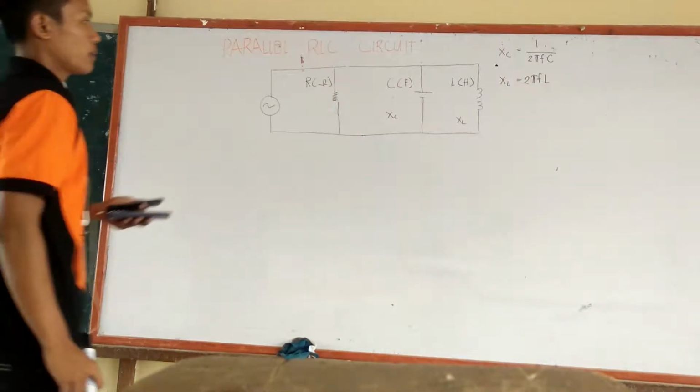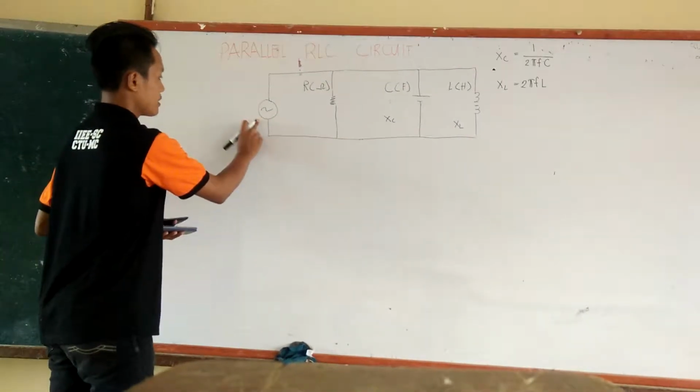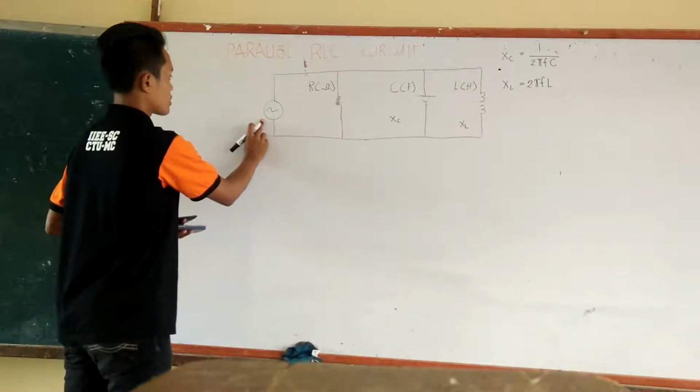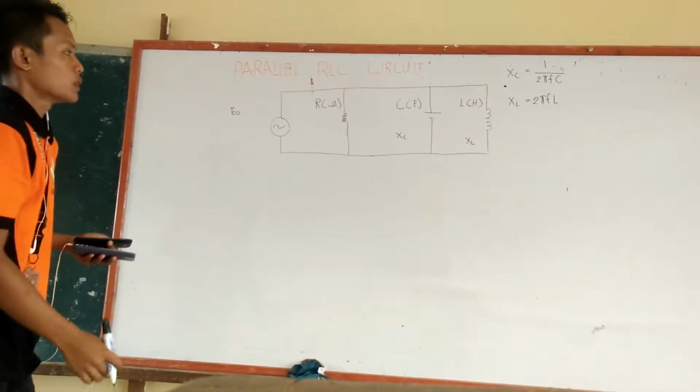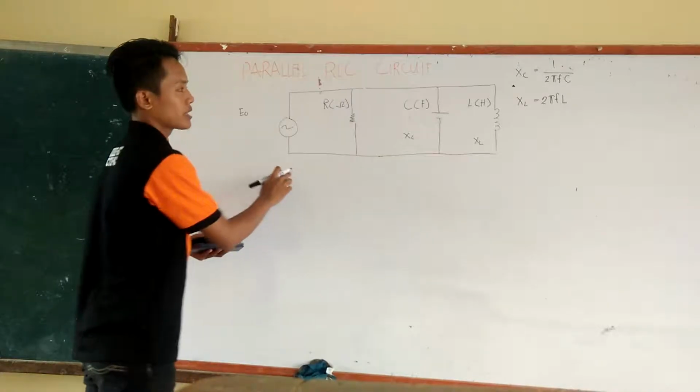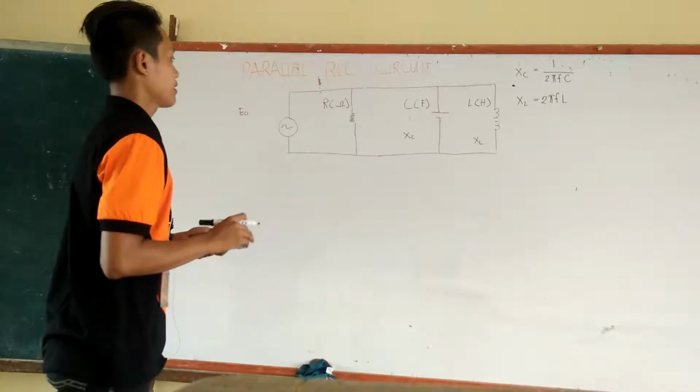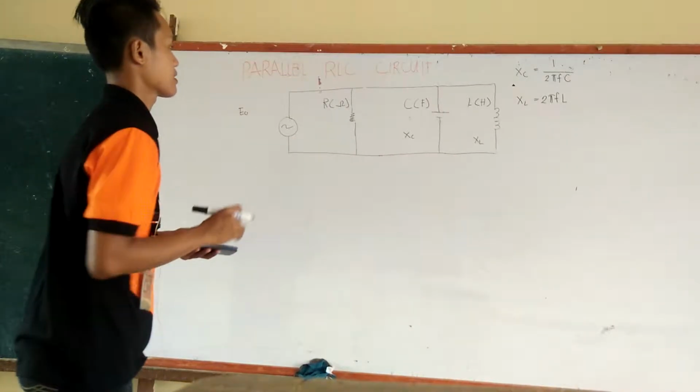So we will just call this our source, and we will label this as E sub O. Then we will assign values to solve the current and everything else in the circuit.